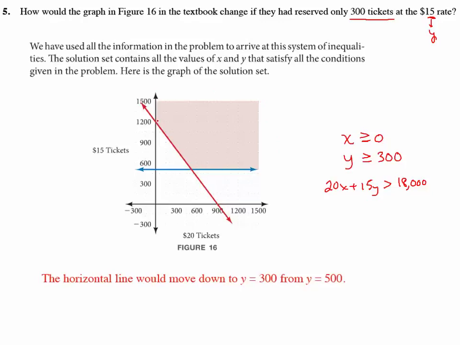Especially when you're looking at the corners right here, we say the maximum or minimum are going to occur at the corners. So the minimum they have to sell is roughly about 500 tickets, and they'll at least meet their quota. So anywhere in here or anything above these two lines, that's where they have met their conditions here.